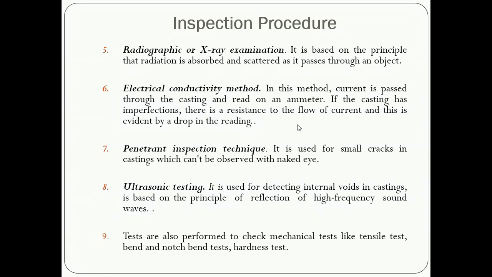Impact test, tensile test, bend test or hardness test are destructive tests. In the test, if we are providing any harm or destruction to the cast part, then it is called a destructive test. And if during the test that casting is not harmed by any means, then it is called a non-destructive testing.